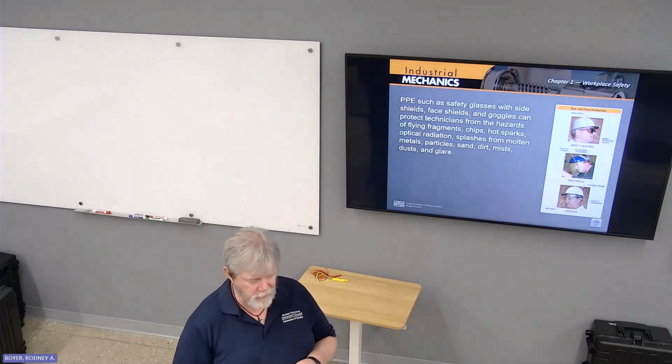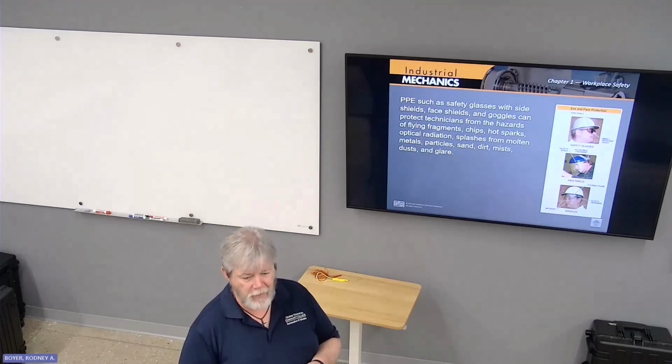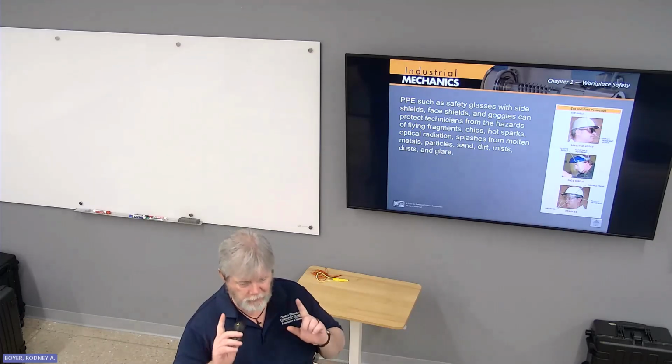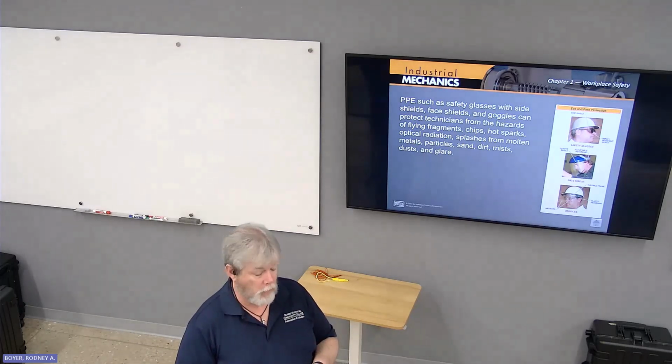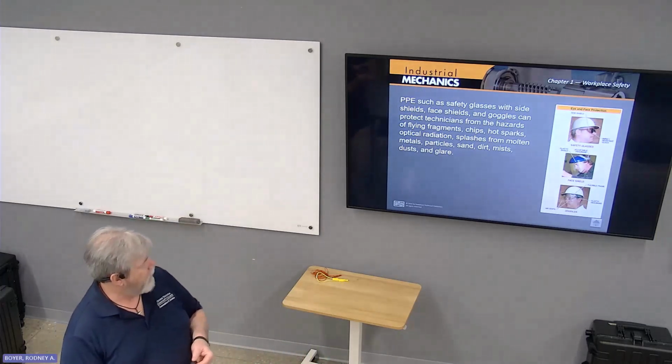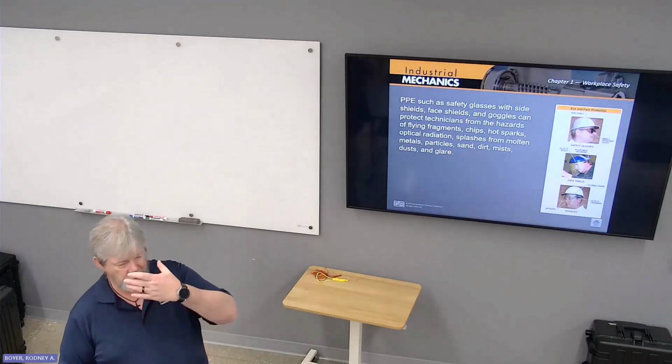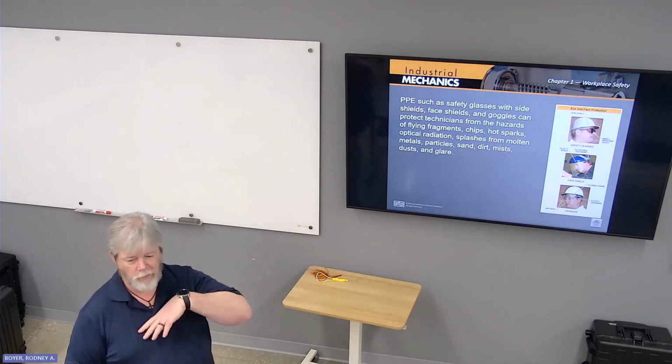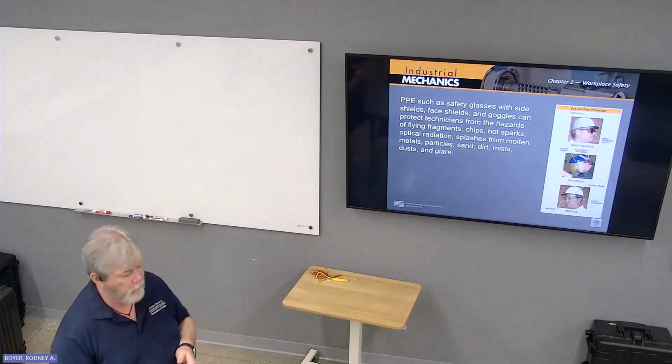If your eyeglasses are ANSI rated, then you'll need side shields or goggles. A lot of people also like to wear a face shield because the face shield is typically long enough to come down and also cover your neck.